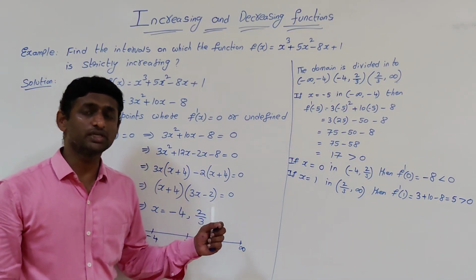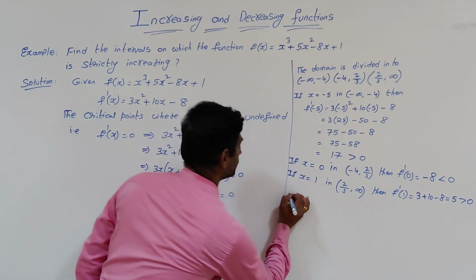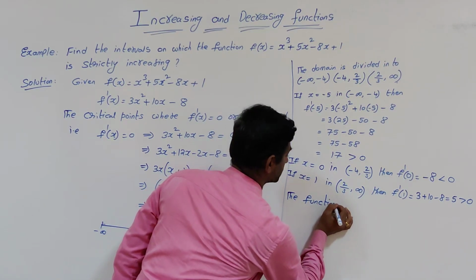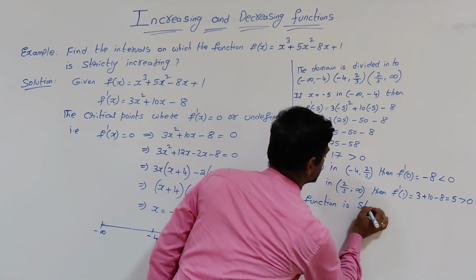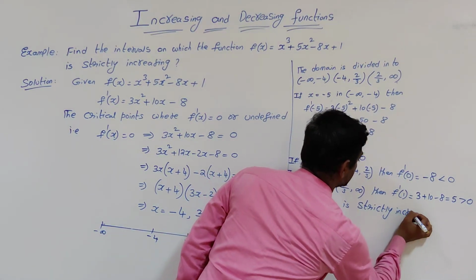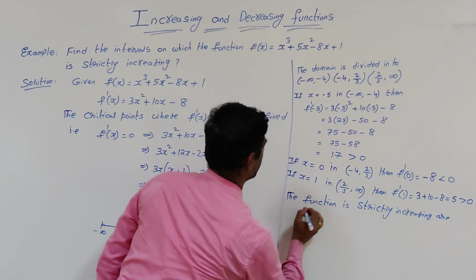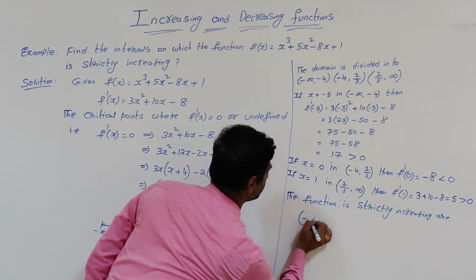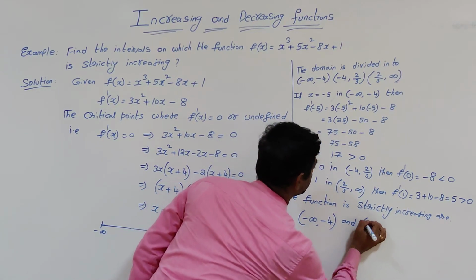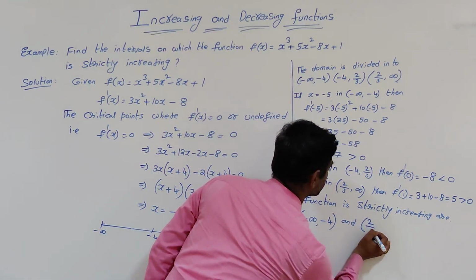So the question is, what are the intervals which are strictly increasing? The function is strictly increasing from minus infinity to minus 4, and the other part is 2 by 3 comma infinity.